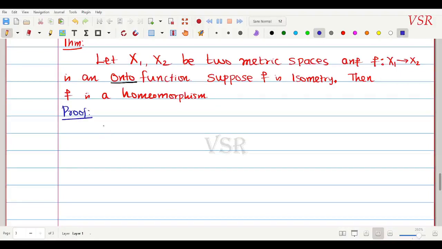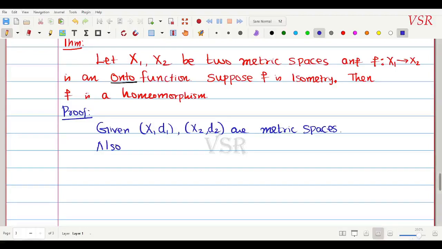Given (X1, d1) and (X2, d2) are metric spaces, and f is a function from X1 to X2 which is onto and an isometry.